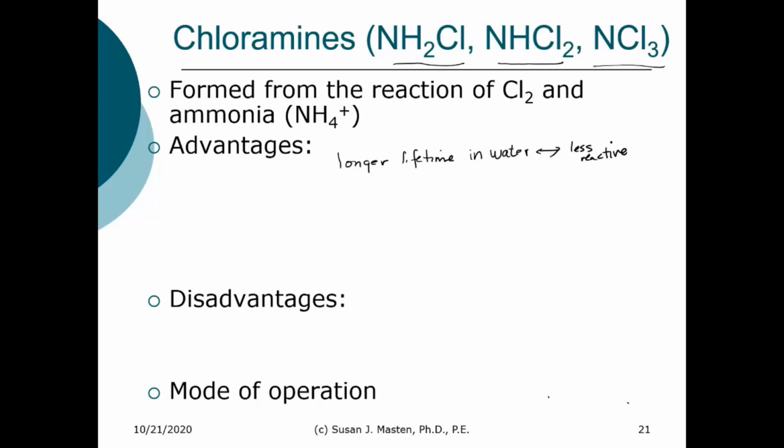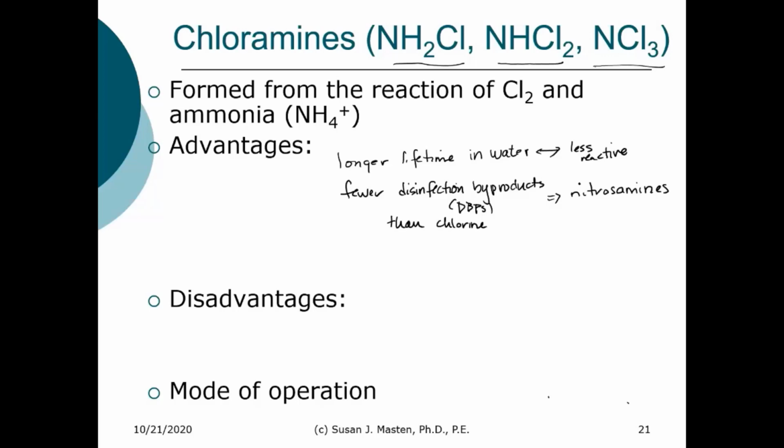It does produce fewer disinfection byproducts, DBPs, than chlorine, but the problem is that there is some concern with nitrosamines, which can be formed by the reaction of chlorine in the presence of ammonia.